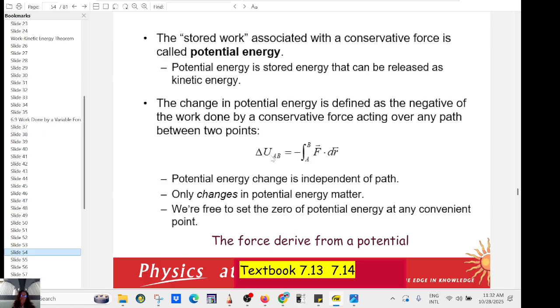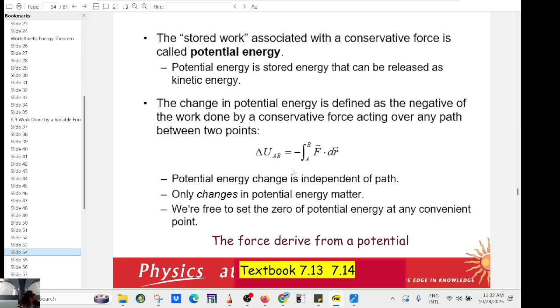Now we can have a more formal definition using calculus. The change in potential energy will be the work that you have to do against the restoring force.